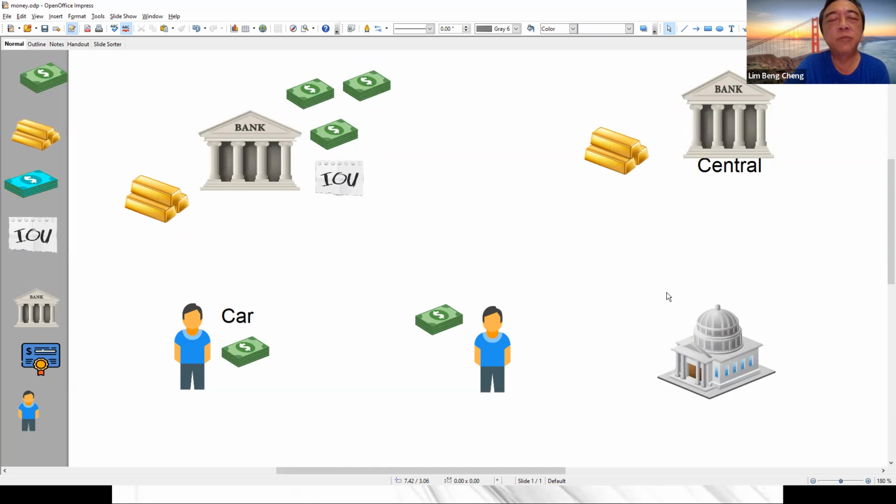They keep it under the pillow, in the cupboard, in the safe. It's okay. The government got the money already, so the government can become richer. He makes the money, but people just keep the paper, so there's no inflationary pressure.